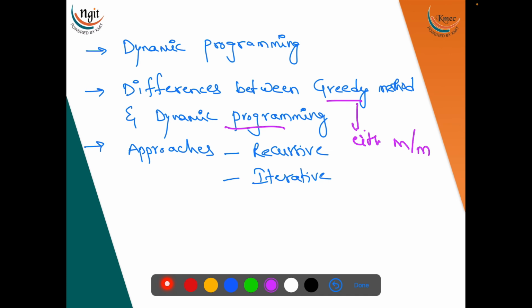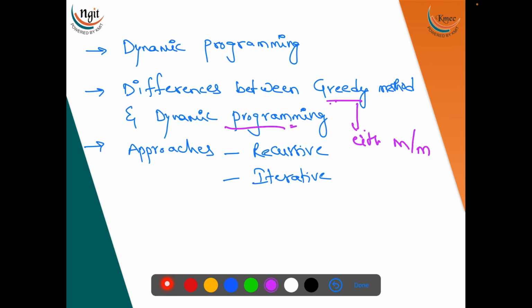Both are for the same purpose, maybe with different strategies, but the purpose is to solve optimization problems. So this is the first difference between greedy method and dynamic programming method.